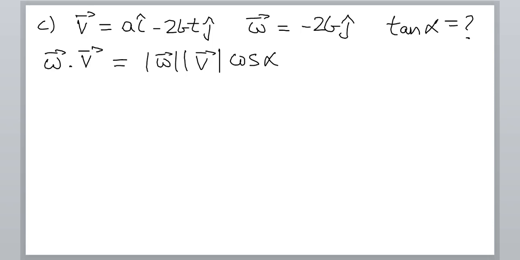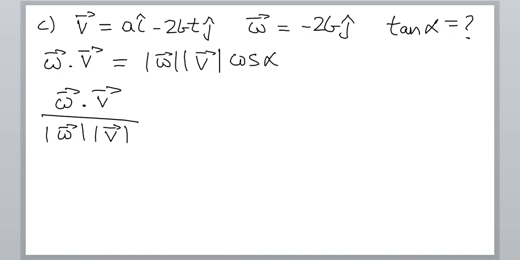This is how the dot product is defined. So in order to find cos alpha, we can divide both sides by the moduli of these vectors. What we get is w vector dot v vector divided by the modulus of w vector into the modulus of v vector, and this whole is equal to cosine of alpha.